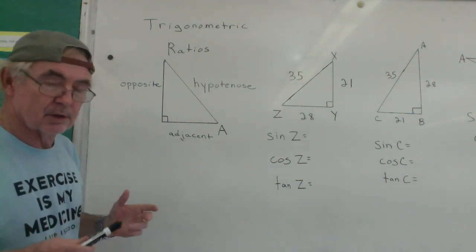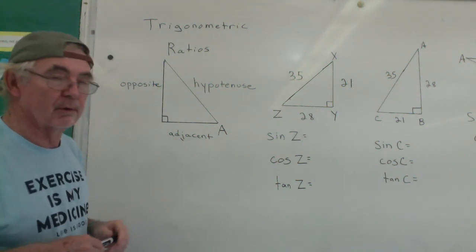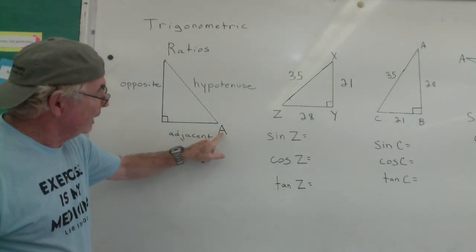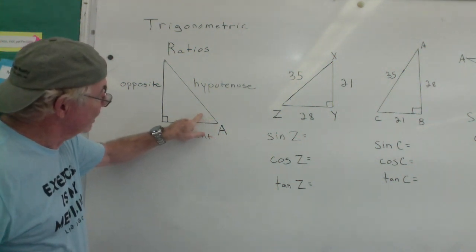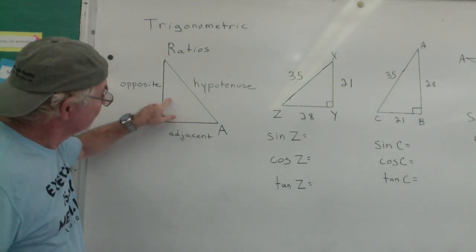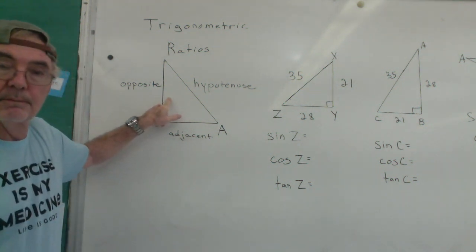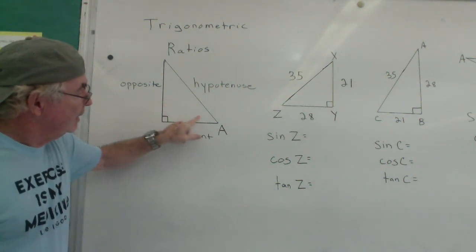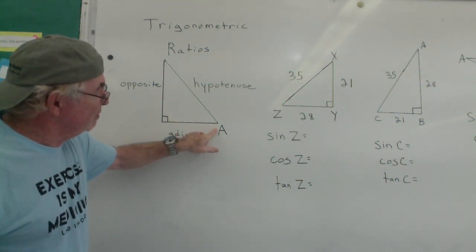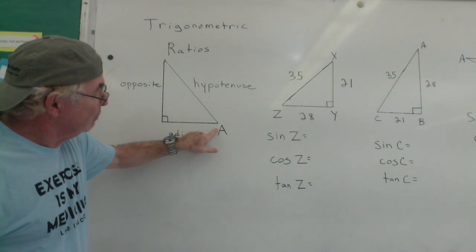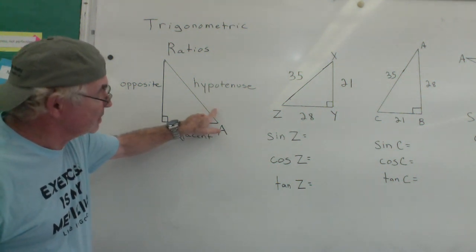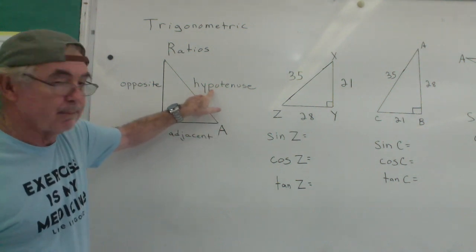Now, there's 2 more sides called legs, but now we're going to give them other names. Angle A, if you go straight across from angle A, that's called the opposite. Now, adjacent means side by side. Well, what sides are adjacent to A? This side, but this is already called the hypotenuse.